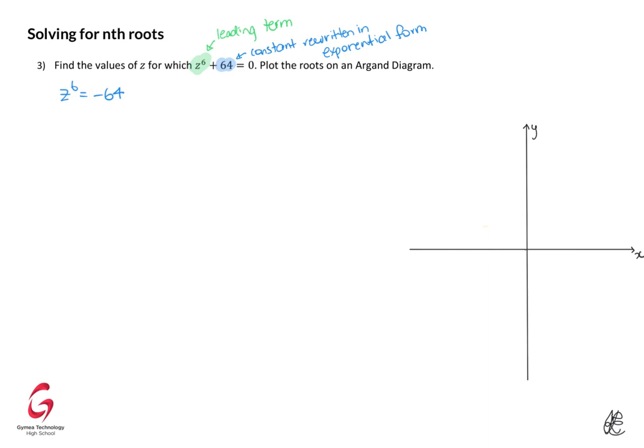So negative 64 is a real value that sits over here on the real axis. It means that it has a modulus length of 64, and this time it doesn't have an argument of 0, because 0 means that it hasn't been rotated from positive x at all, whereas this root has made a full 180-degree turn to the negative side of the x-axis.